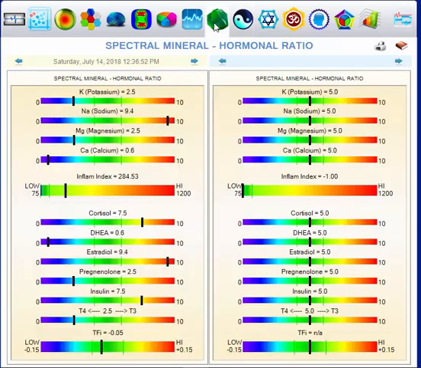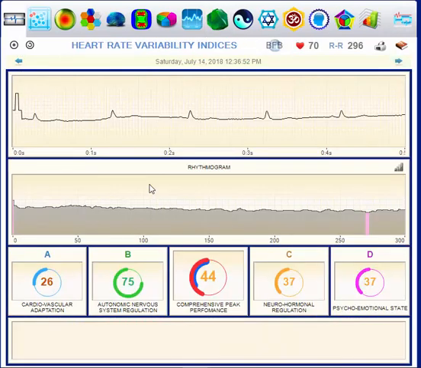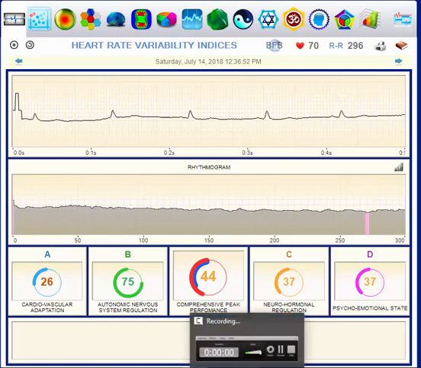And on the hormonals and the mineral ratio, we can see what's the best support. So it will be calcium, and then DHEA will help to balance the system. So it's a quick overview of this case, and if you have a question, you can call us and we will help you explain in more depth how to analyze different cases.